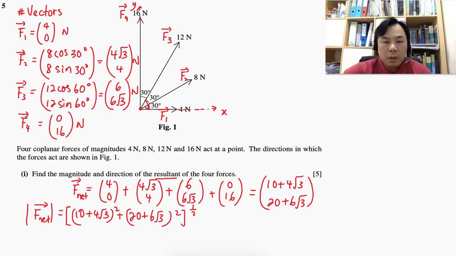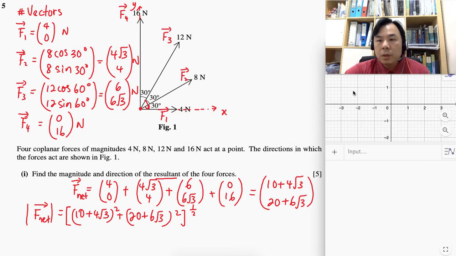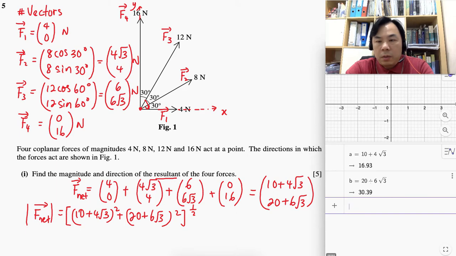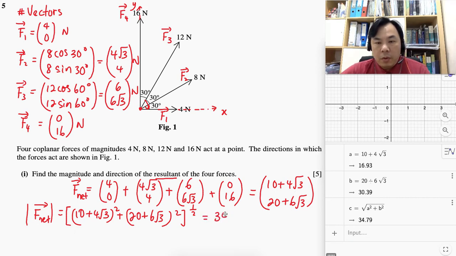Okay, let me get my calculator here and see what we have. We have 10 plus 4√3, and then we have 20 plus 6√3. So that will be the square root of a squared plus b squared, and that would yield 34.8.